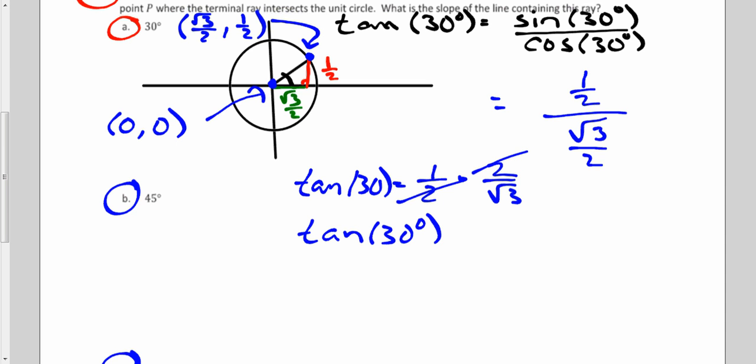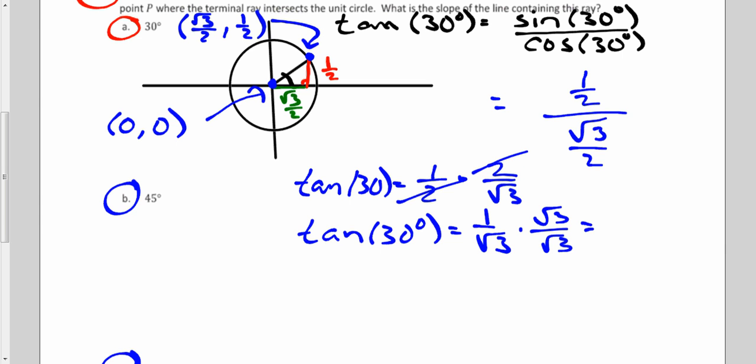So tangent of 30 degrees equals 1 over root 3, and then what do I do? Multiply by root 3 over root 3, because that is multiplying by 1. Why do we do that?